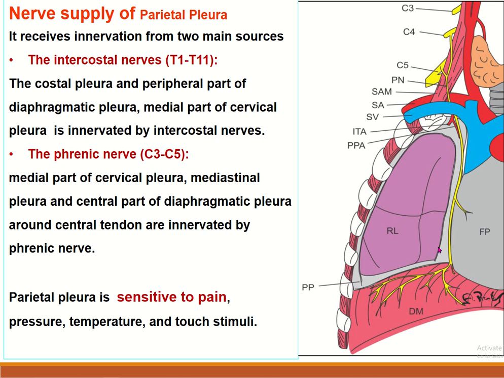During this pathway, it supplies the pericardium, also the mediastinal pleura, and also the central part of the diaphragmatic pleura. It also supplies the medial surface of the cervical pleura. The parietal pleura is sensitive to pain, pressure, temperature, and touch stimuli.